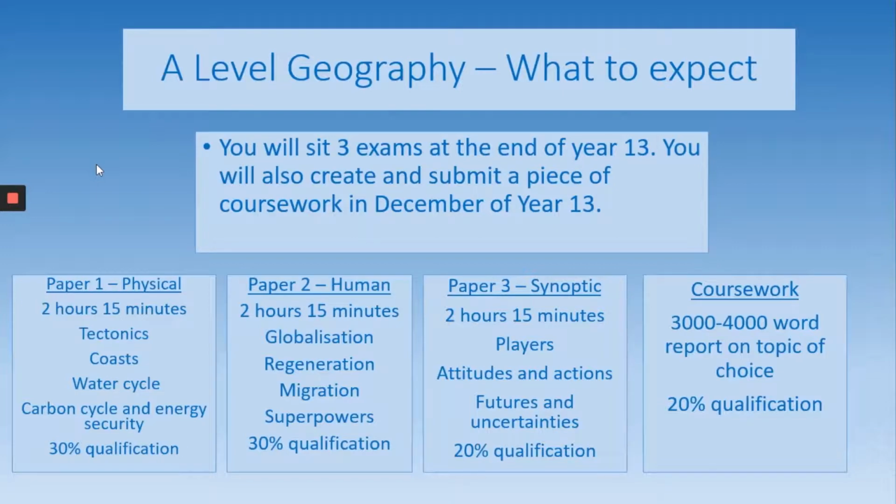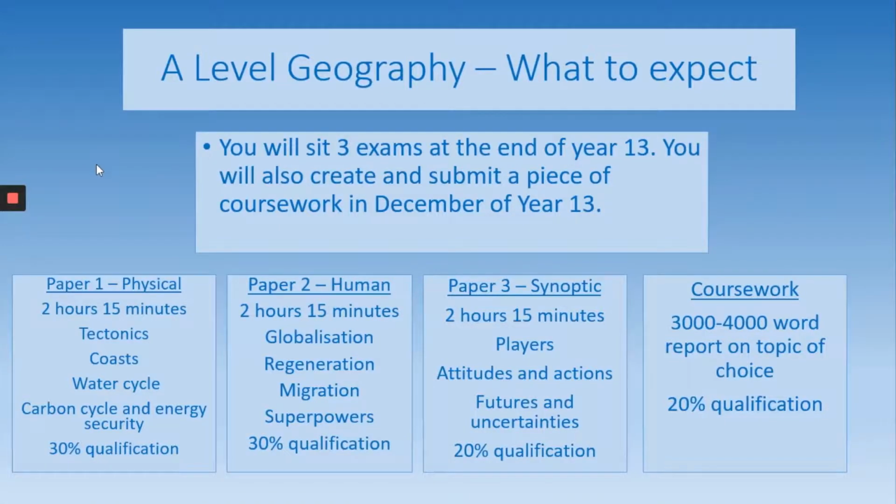Paper 1 is a physical paper. It's 2 hours and 15 minutes, and it looks at all of the physical modules, and is worth 30% of your qualification. We then have paper 2, which is the human paper, again worth 30% of the qualification, running for 2 hours and 15 minutes, with the 4 human topics.